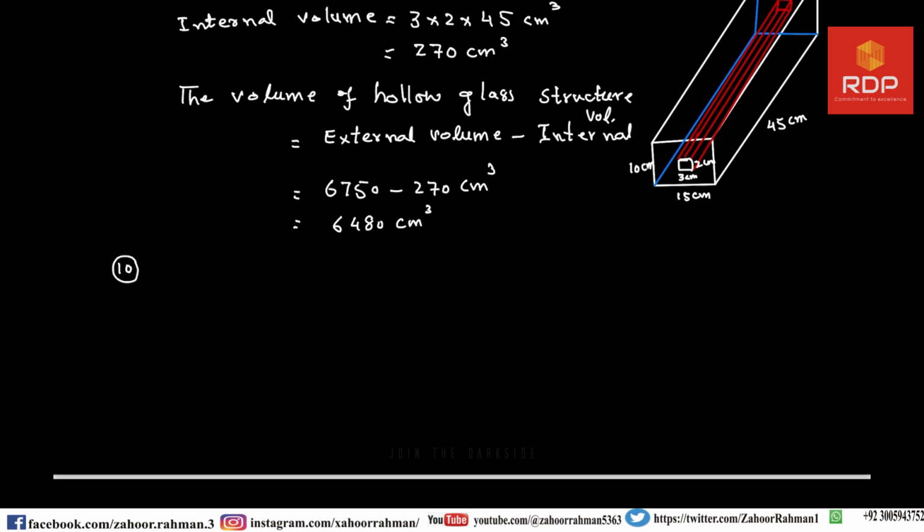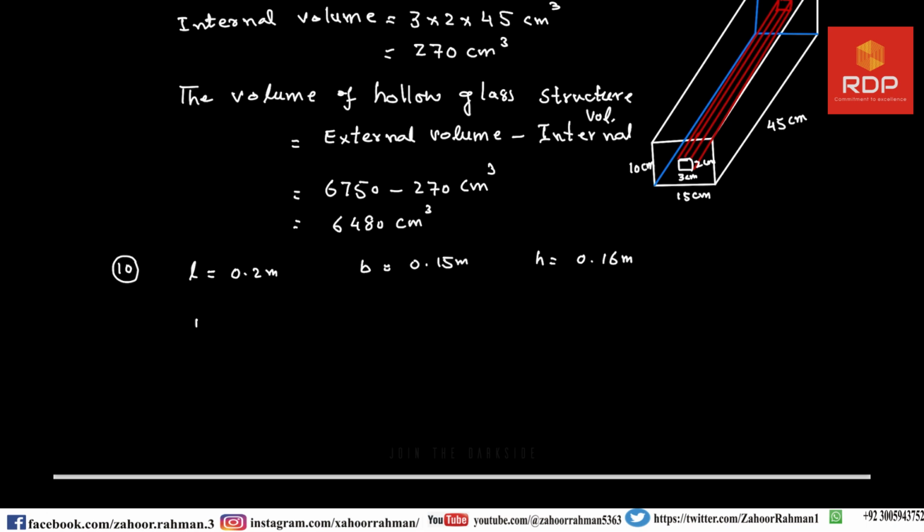Okay, now let's turn our focus to question number 10. And question number 10 is saying an open rectangular tank of length, here length is given as 0.2 meter and breadth is given as 0.15 meter, contains water to a height of 0.16 meter.